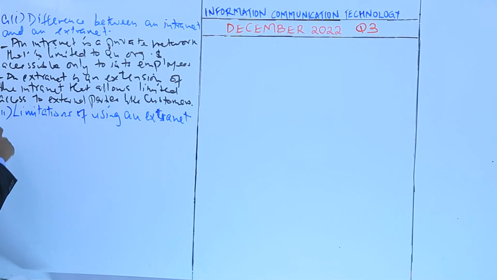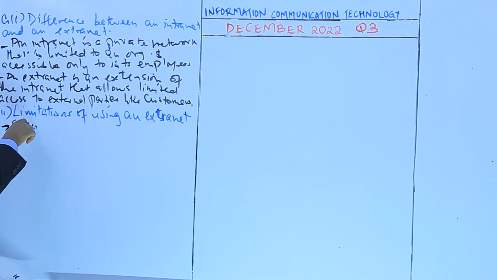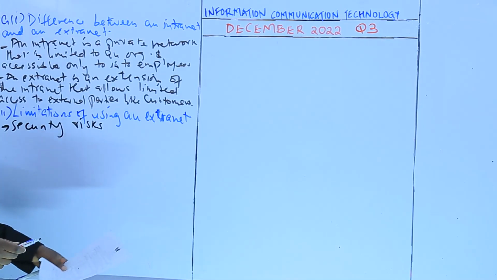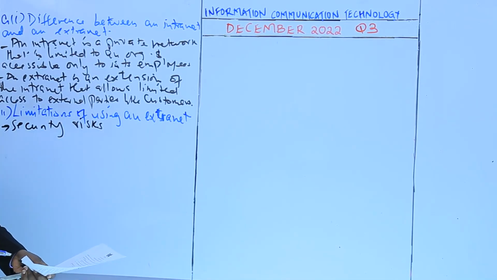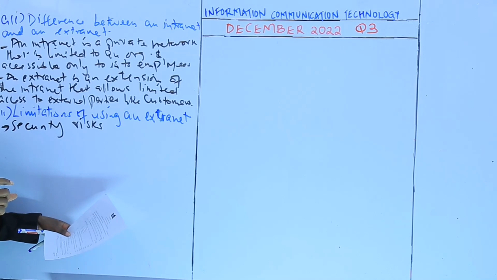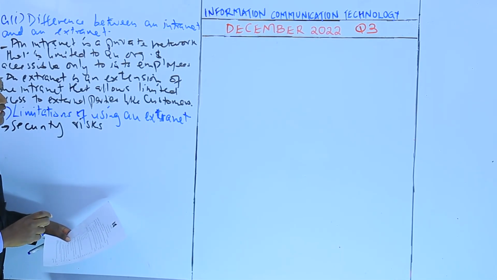Security risks. Extending the network to external parties increases the potential for security breaches and unauthorized access. And candidates, protecting sensitive information becomes crucial to prevent data breaches and maintain the privacy of the organization's data.